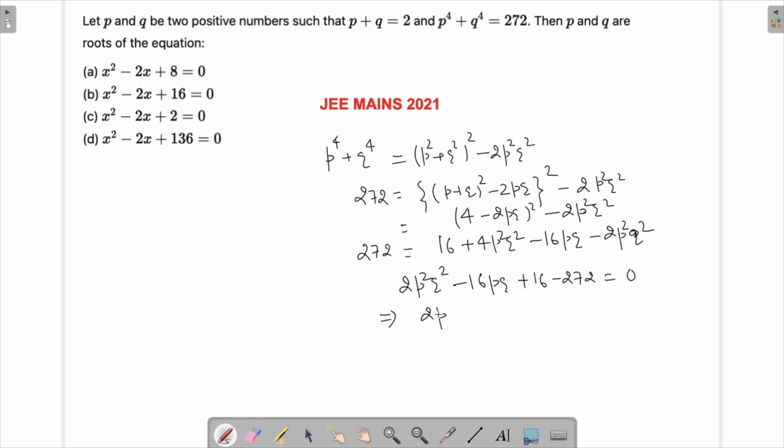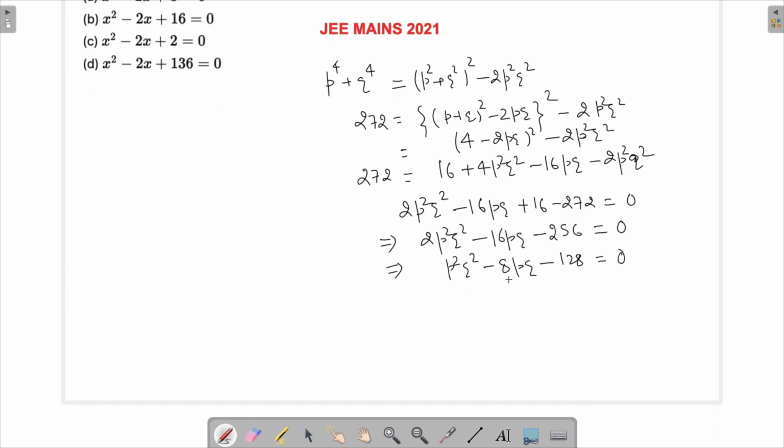This will become 2P square Q square minus 16PQ and minus 256. Now I can take 2 common from here and then make this as P square Q square, and then this will become minus 8PQ and this will become minus 128. So this is a quadratic in PQ.